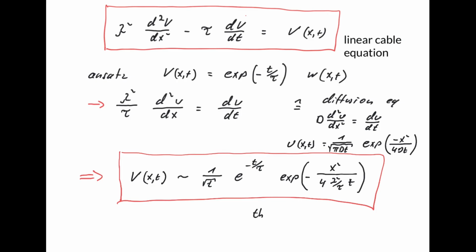The main information that we obtain from this solution is that there is no wave-like solution. So all signals that we have as an input in the beginning will die off in space and time very rapidly, at a typical time constant of a few milliseconds and at typical space constants of a few millimeters.